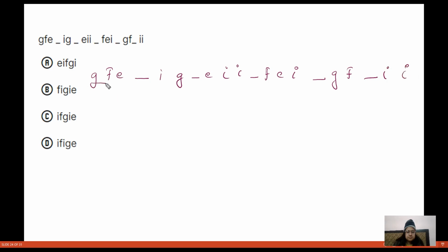We have GF, we will fill E here, so GF double E, then IG. Then this dash will make it IE, then double I, then this dash will make it double F, then EI. Then again double G, then F, then dash, then G double I.